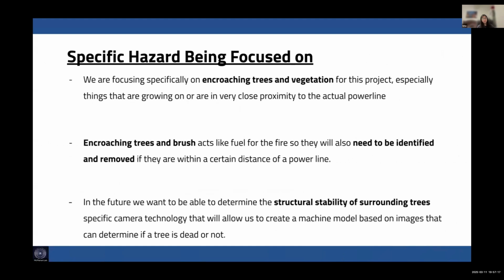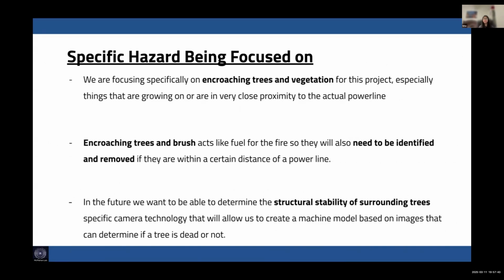So while most other projects are focused on the distribution of the poles themselves, our project is focusing more on the surrounding vegetation. And it will use high-resolution images and possibly infrared scans to assess the stability of nearby trees. And we're mainly focusing on vegetation that is in close proximity to the actual power line.